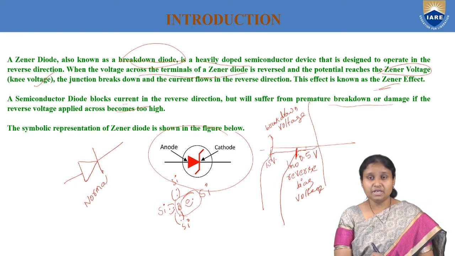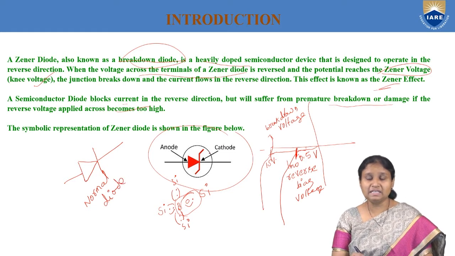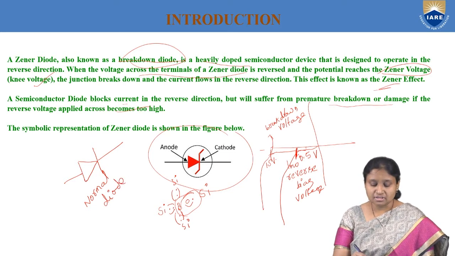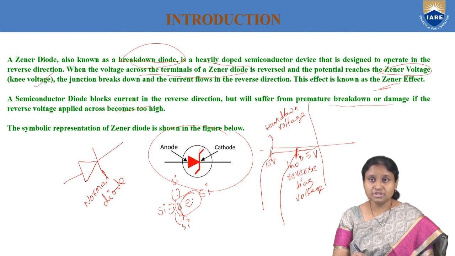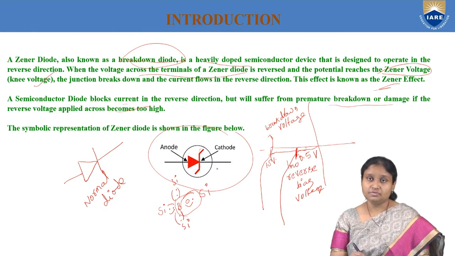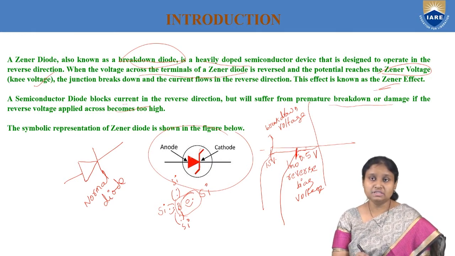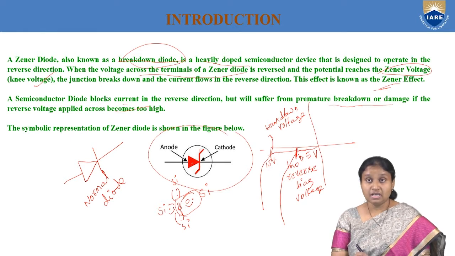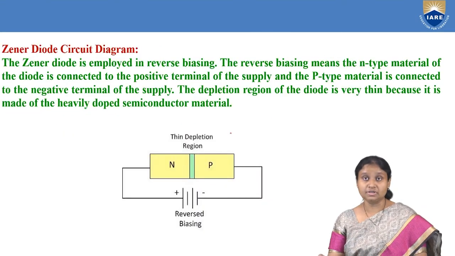But for the Zener diode symbol, this vertical line is kept like this in order to differentiate between the Zener diode and our normal diode. The triangle represents the anode, whereas this Z-type vertical line represents the cathode of the Zener diode. This is about the symbol of the Zener diode.